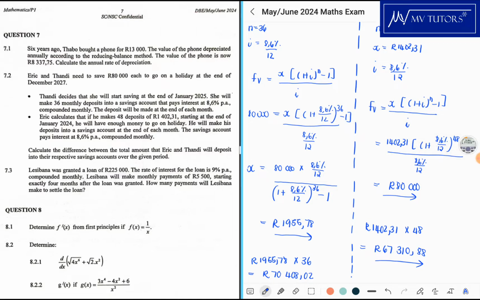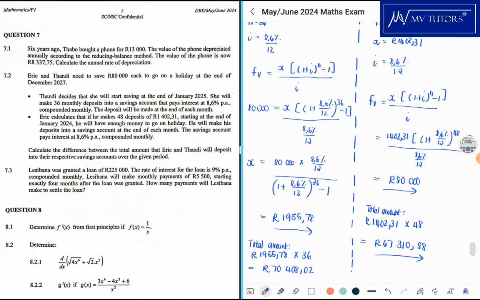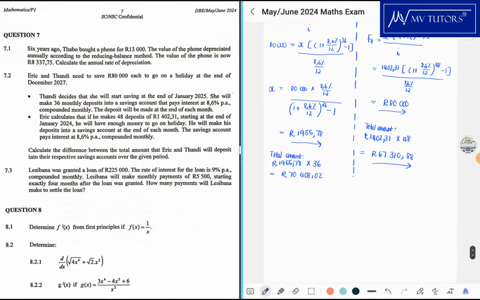Okay, so the question was, calculate the difference between the total amount that Eric and Tandy will deposit into their respective savings accounts over the given period. So now let's get the difference.